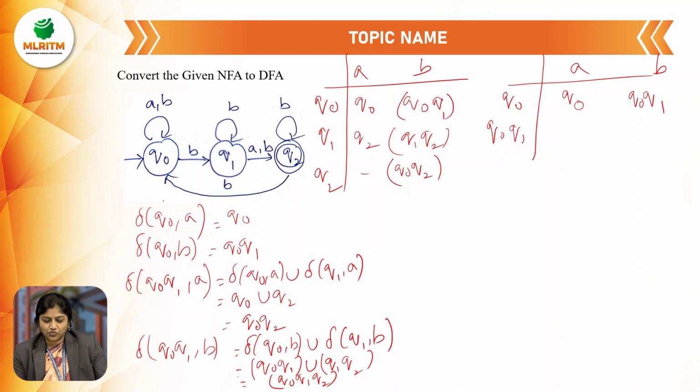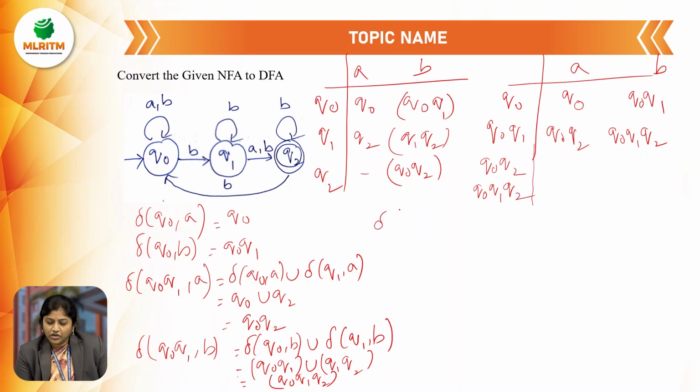Q0, Q1 on A is Q0, Q2. Still this didn't finish. I'm writing it here in the form of a table. Q0, Q1 on B is Q0, Q1, Q2. So what new states did we get here? Q0, Q2 and Q0, Q1, Q2. First we'll derive for Q0, Q2. Next we'll go for Q0, Q1, Q2.